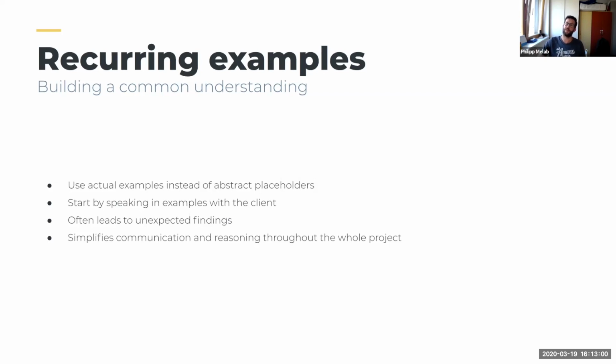Also, by talking to the client and to the stakeholders about these examples, you often find new edge cases and new details that you did not know before. For example, it could very well be the case that there is a project without an end date, which would totally change how we have to set up our logic.